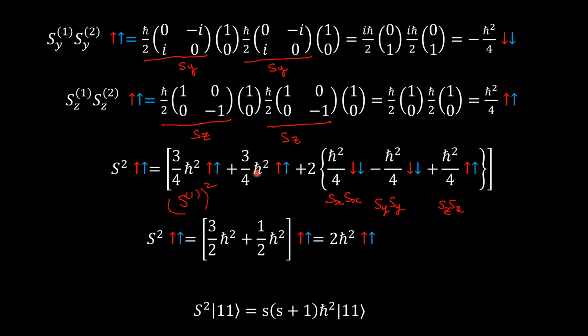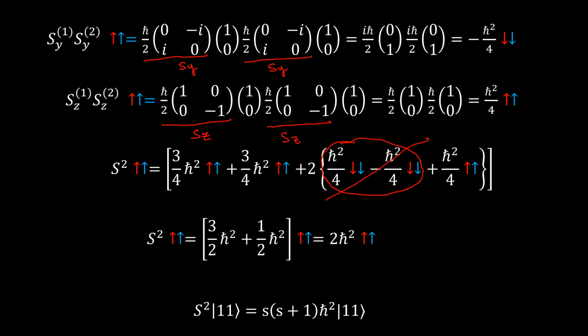Here you can see carefully, maybe I will erase this in order to have better clarity. You can see here the first two terms will get cancelled. That is ħ²/4, ħ²/4. Not only that, because of the same value ħ²/4, it is the same spin down state, so that we can cancel.